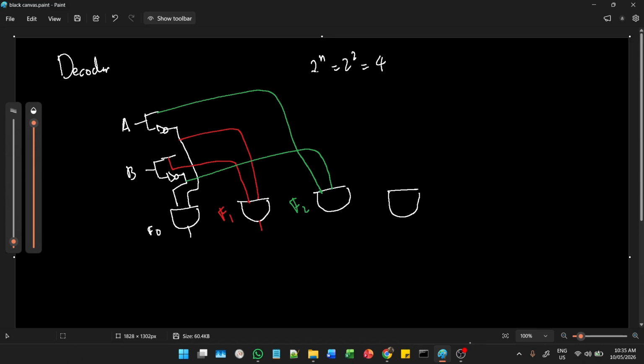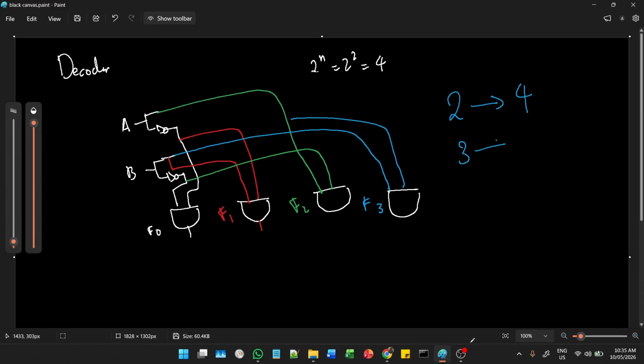And finally, F3 is when A and B are both 1. So I do this and I can do this. Remember, you must do it a bit more beautifully, but this is how a decoder essentially can be drawn using truth tables. So this is a 2-bit decoder, right? And it's also written as a 2 to 4 decoder.